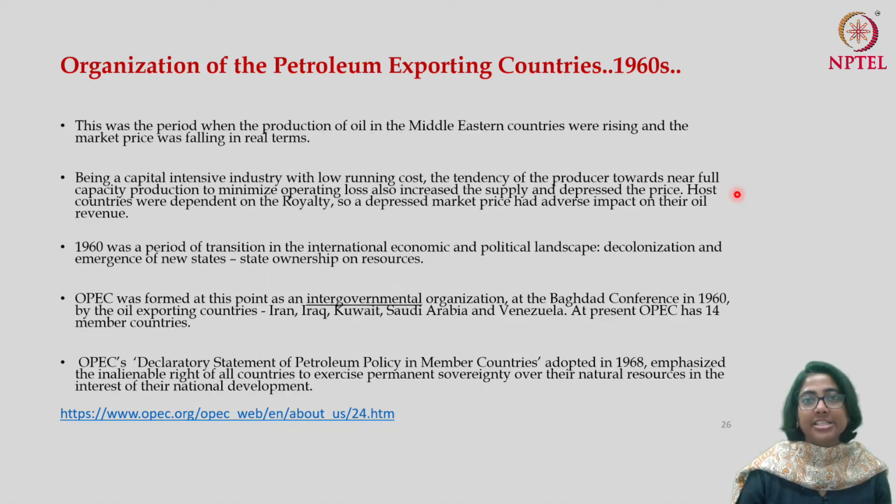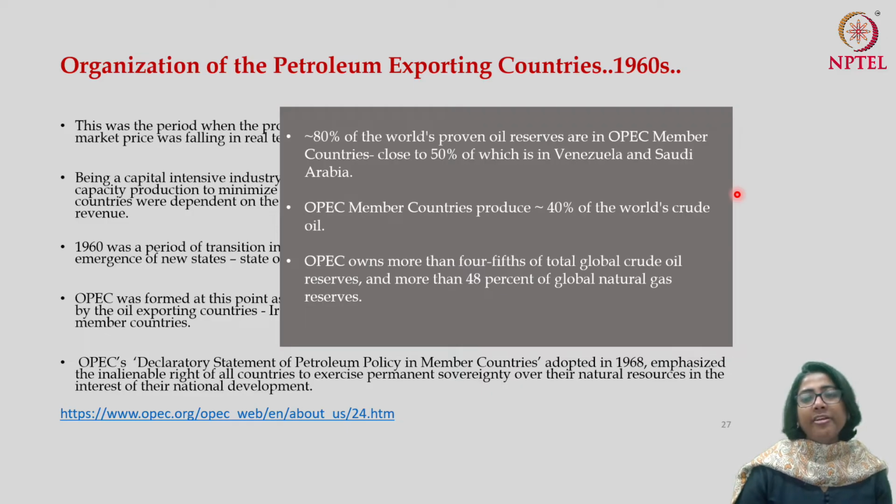Although in the 1960s OPEC did not have much power to fix the price in the international oil market, there are a few very important facts which help us understand why OPEC emerged as one of the very important and strong market powers in the international oil market.